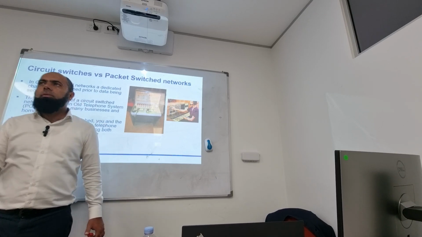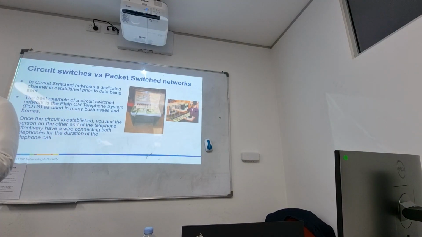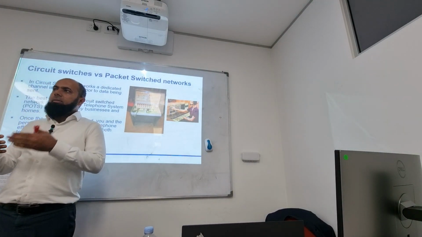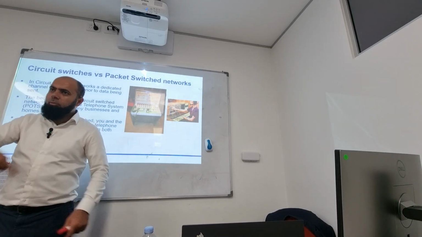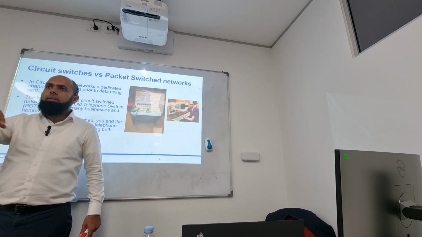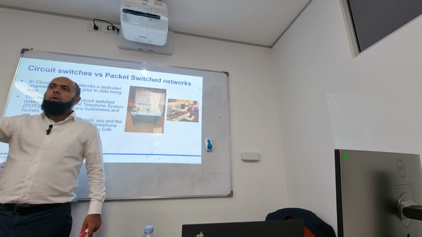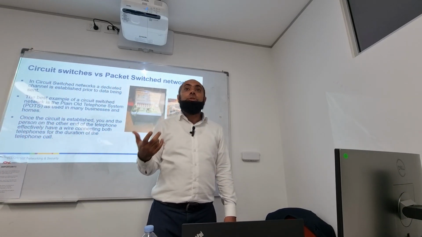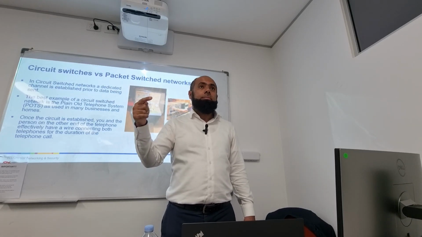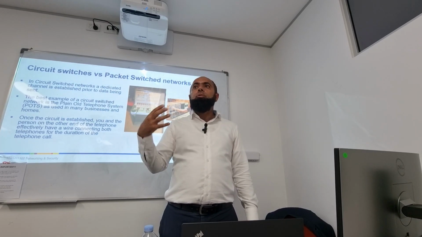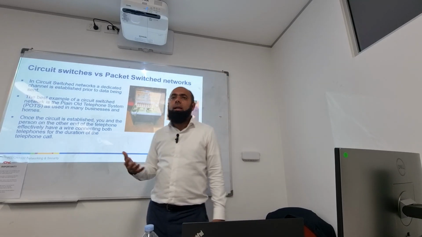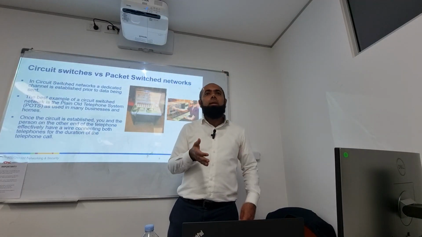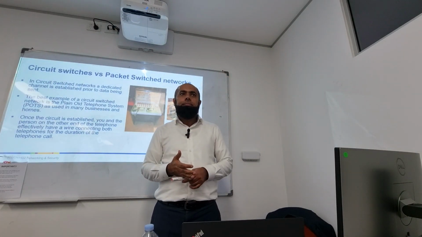Ten or fifteen years back we had old phones at home, where we would dial and try to call someone, and it would go to the exchange. They worked on the function of circuit switching, where you have a dedicated line. But if that dedicated line is broken, then you are totally disconnected.